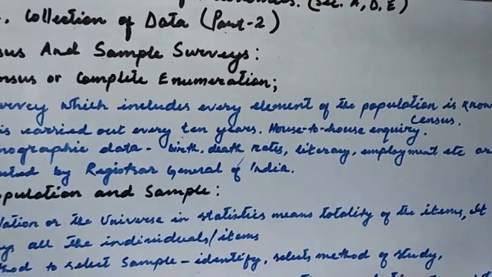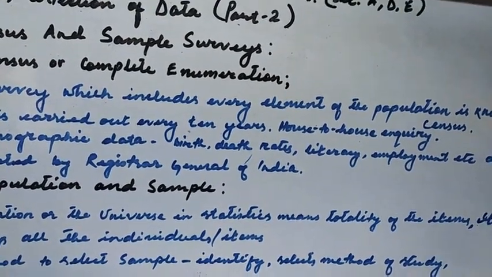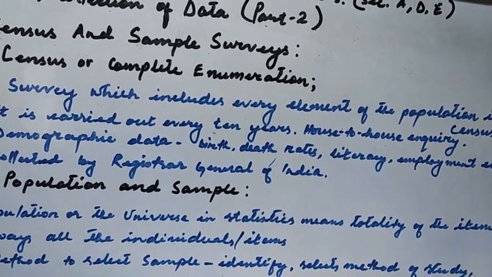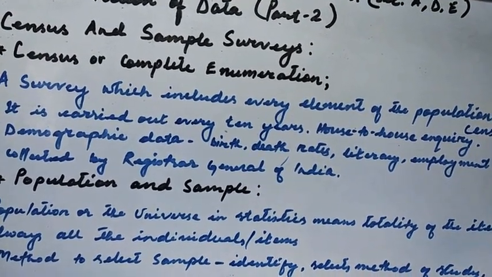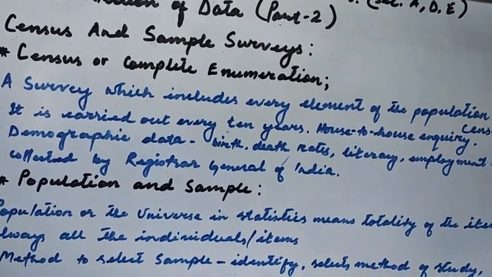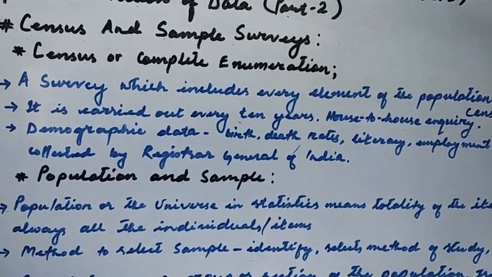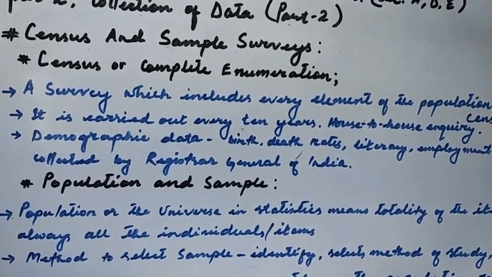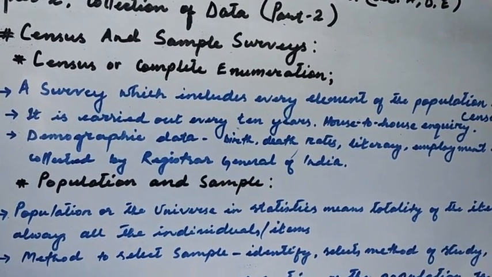So items of demographic data on birth and death rates, literacy, employment, life expectancy, size and composition of population, etc., are all collected and published by the Registrar General of India. And those items, those elements of the population, when collected together, are called census.